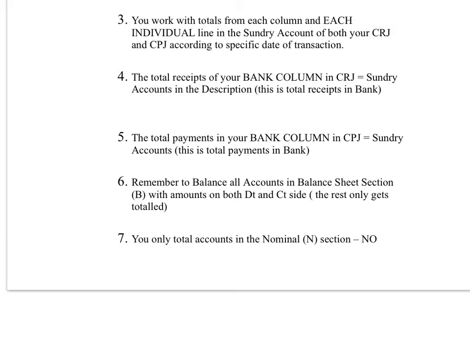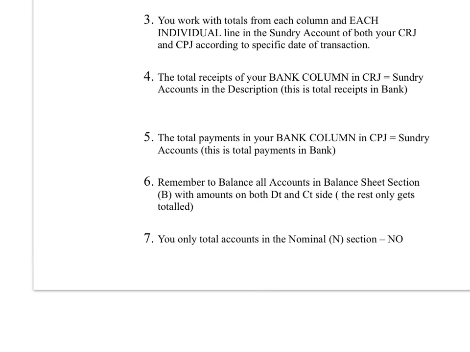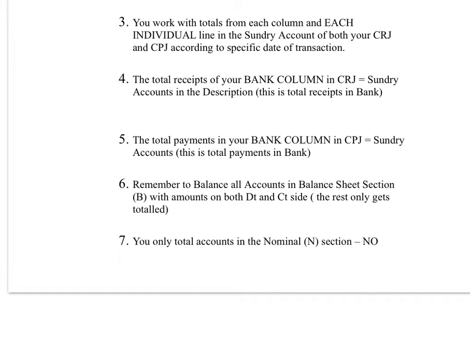Now, when you work with your posting from your ledgers to your general ledger, remember that your first step is that you are going to take the receipts of both your bank columns for the CRJ and CPJ to your bank in the general ledger.